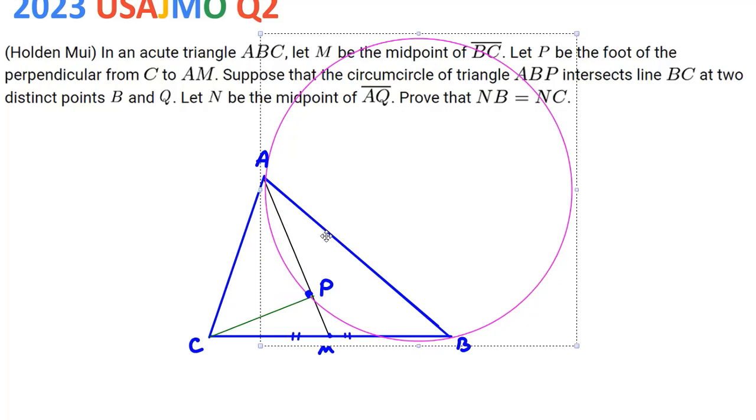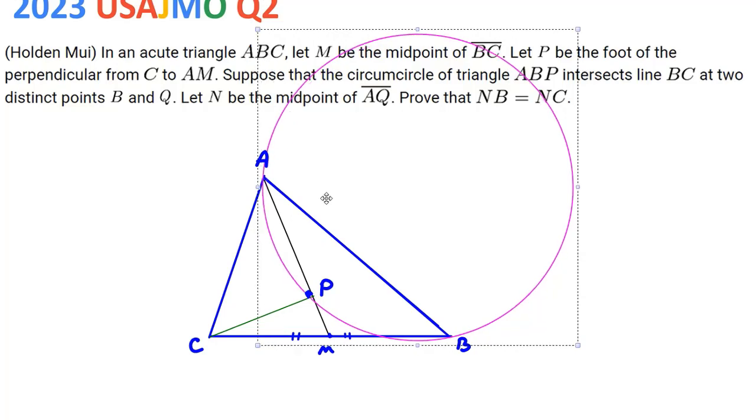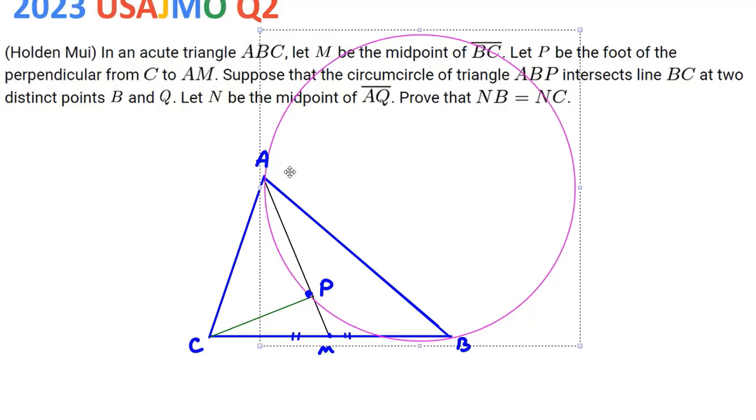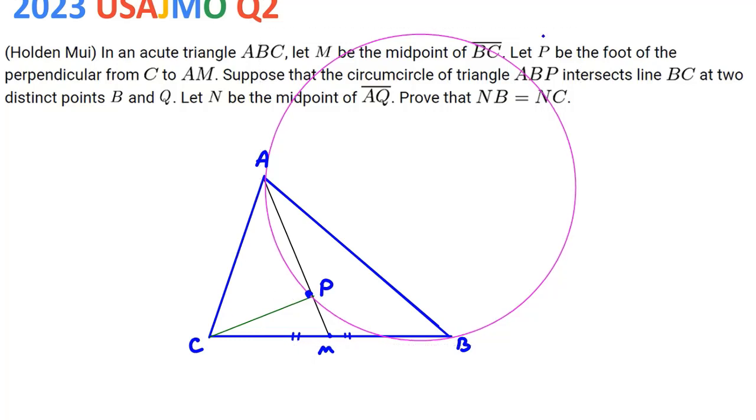Okay, so it passes through B and P, and also through A if we enlarge it. So we can say this circle now passes through A, B, P.